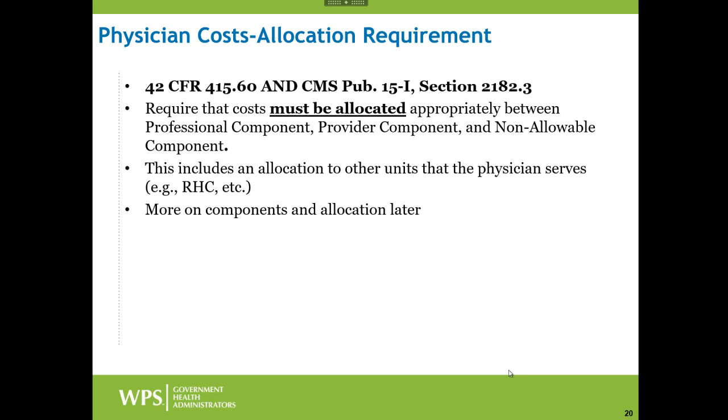Now, when we talk about the provider component, there might be a variety of different units or departments that are being allocated this cost, like a rural health clinic, RHC, various other departments. That's certainly fine. We'll talk more about this allocation a little bit later on and how this looks.